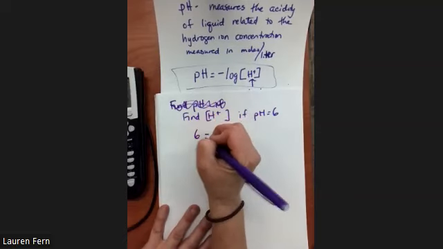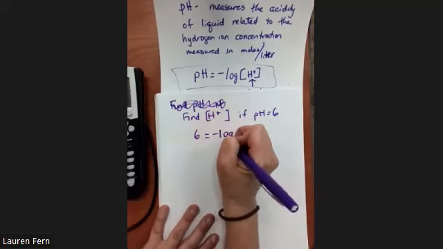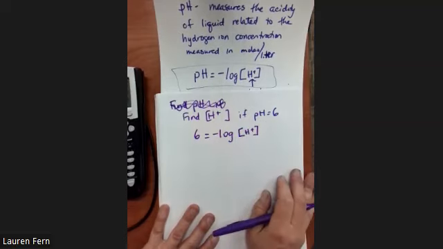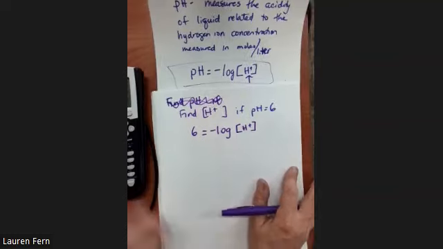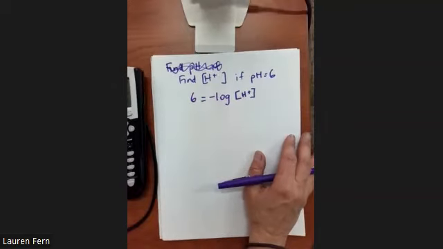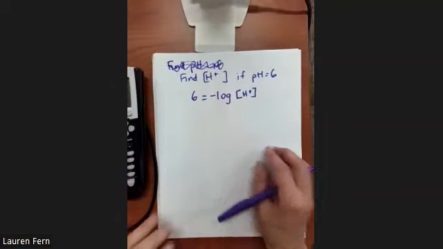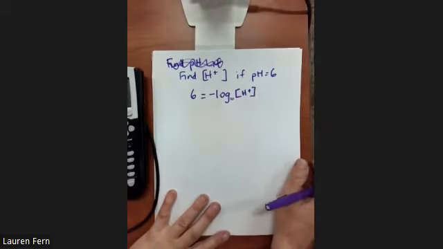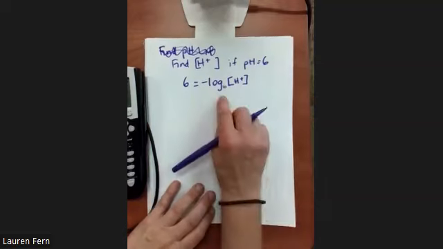I have 6 is equal to negative log of what we're looking for. All right. First thing that I want to do is note this is log base 10. We're going to need to know that.